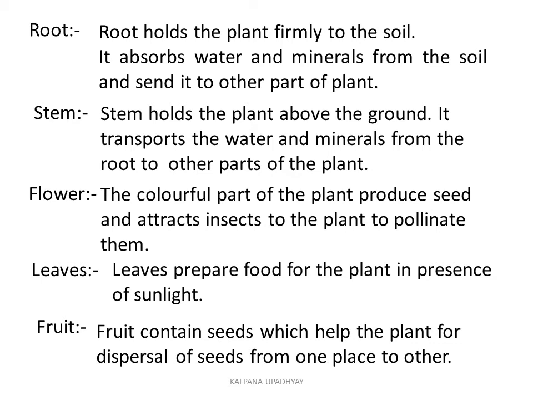Fruit contains seeds which help the plant with dispersal of seeds from one place to another. Like when the fruit ripens, it falls down and cracks. The seeds disperse with the help of wind and water from one place to another.